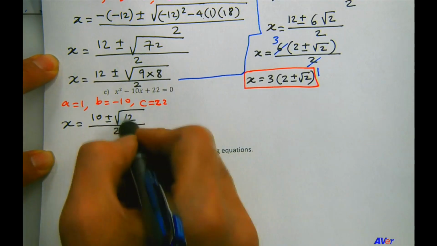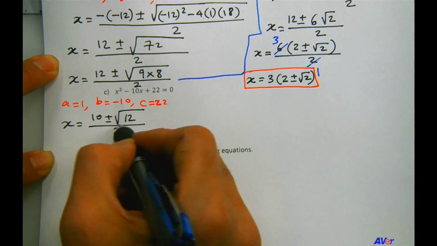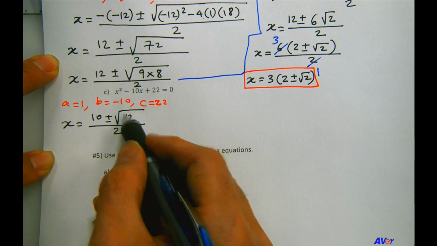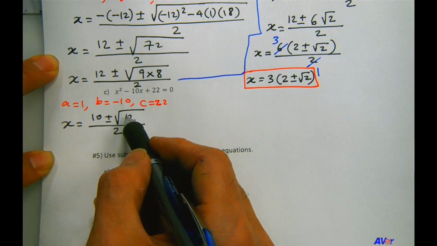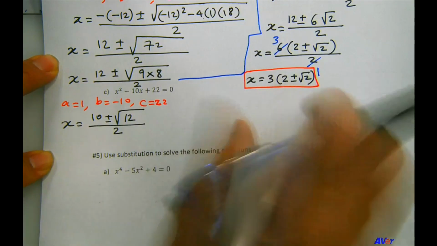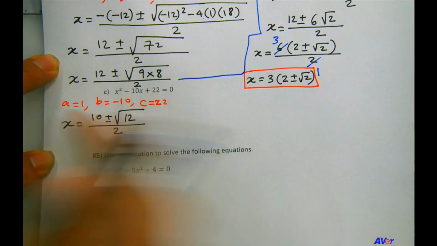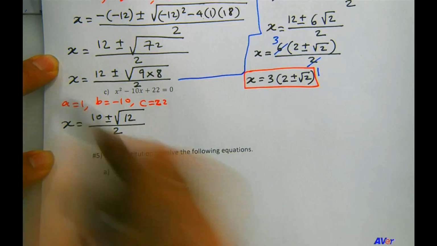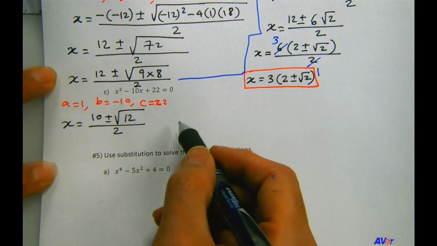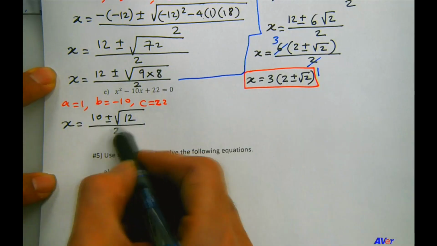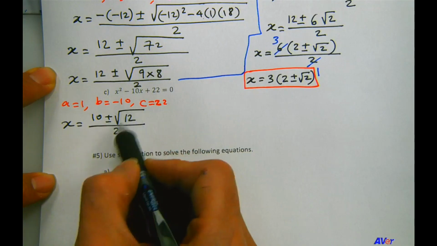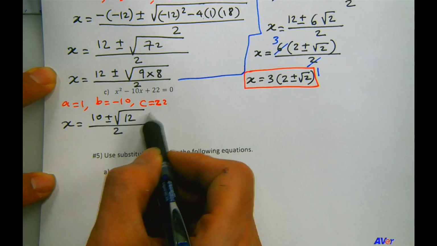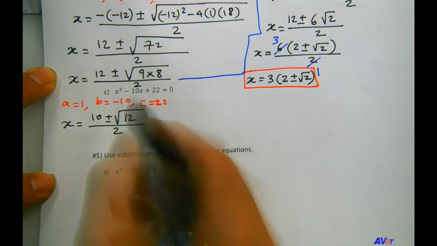So I kind of made this solution a little bit compact. I hope that's okay because I have little space here. But this is just plugging into the quadratic formula with these values for A, B, and C. Okay, let me double check one more time. Minus 4A, yes, that's okay.